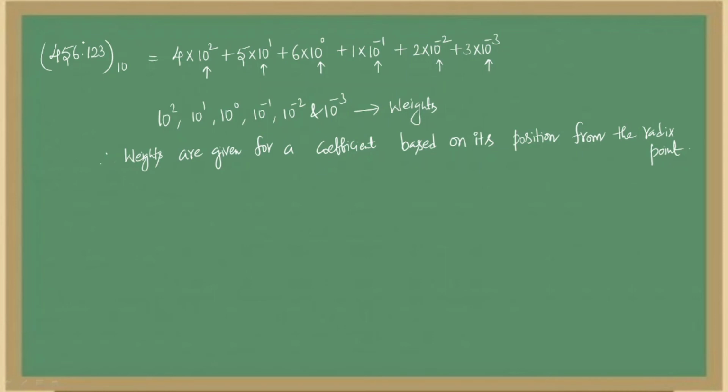Now how can I write the generalized mathematical expression for all these products? For example, if you have a1, a2, a3, and so on, an in the integer part, and a n plus 1, a n plus 2, and so on, a n plus m.